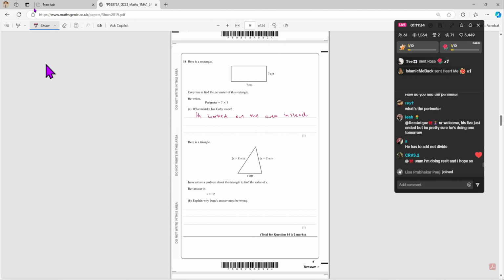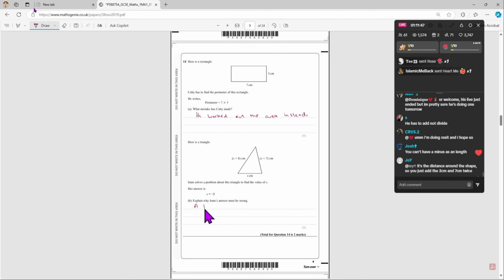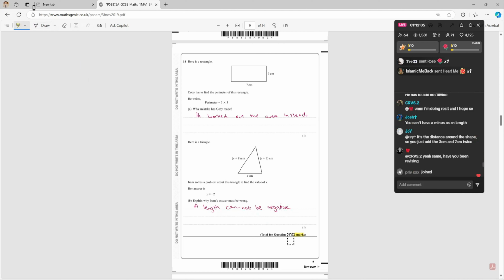You have never seen a length that is a negative number. So a length of a triangle cannot be negative. So if x is negative, then he's wrong. Okay. So this question was worth 2 marks about shapes.